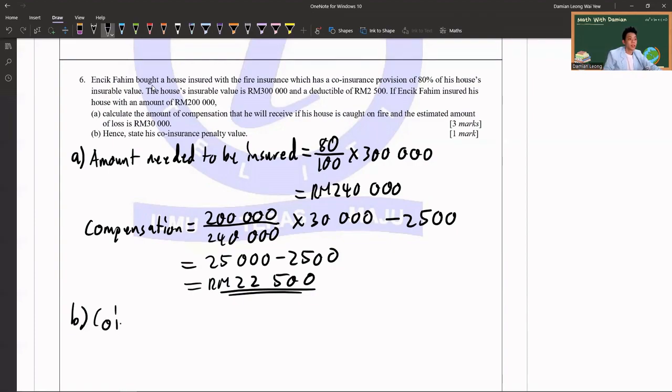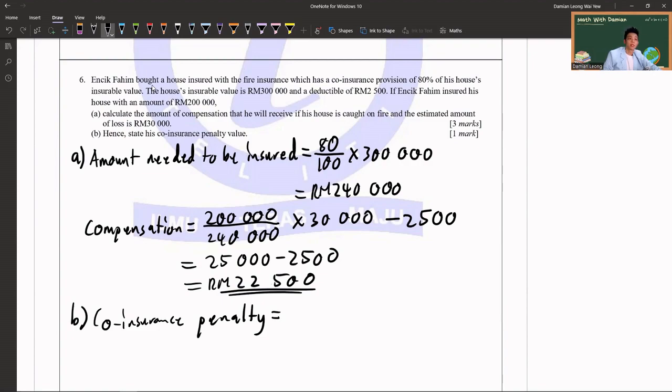Then, state the co-insurance penalty. The co-insurance penalty is the difference between how much he would get if he insured the required amount compared to how much he's getting now. So you get basically 22,500, but if you had insured fully, you would get 30,000 minus the deductible.